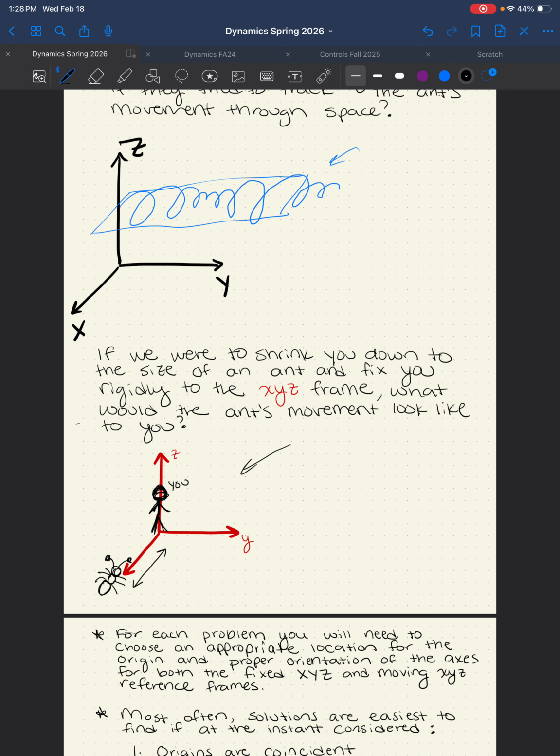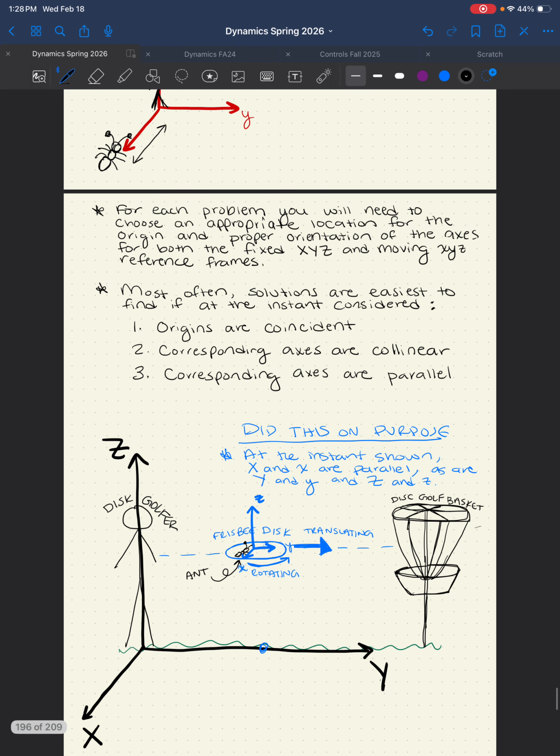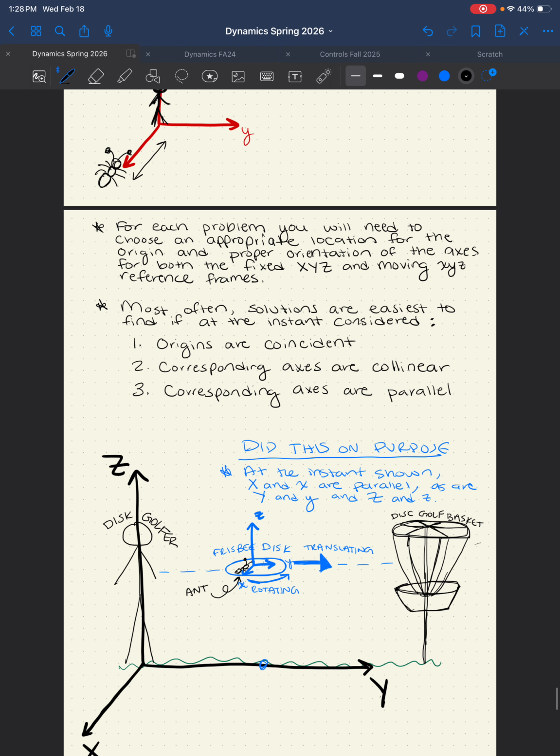Okay? So let's talk a little bit about problem solving with this type of problem. So for each problem, you will need to choose an appropriate location for the origin and an orientation of the axes for both the fixed XYZ and the moving little xyz reference frames. And here is just like a hack for solving problems with this.